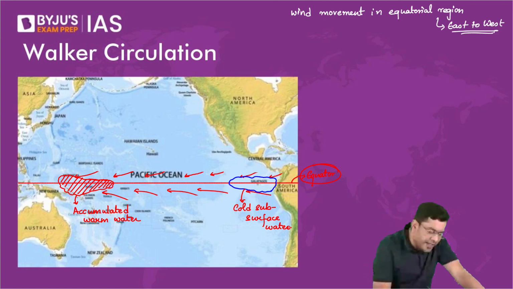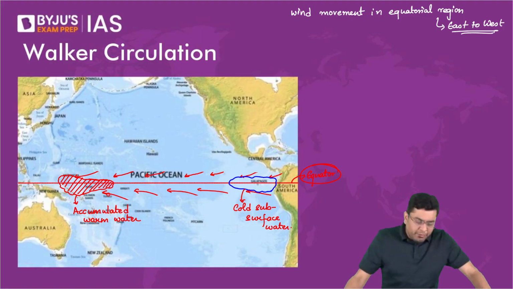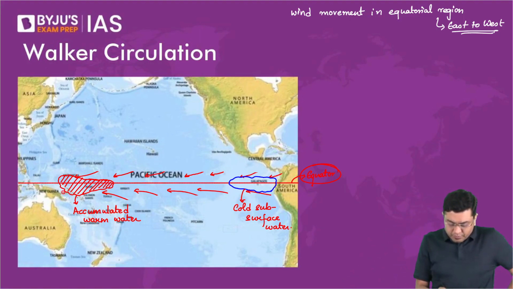So now tell me, what will be the pressure in this region in the Western Pacific? Perfect. You have low pressure here. So this is a region of low pressure. What will be the pressure in this region in the Eastern Pacific?